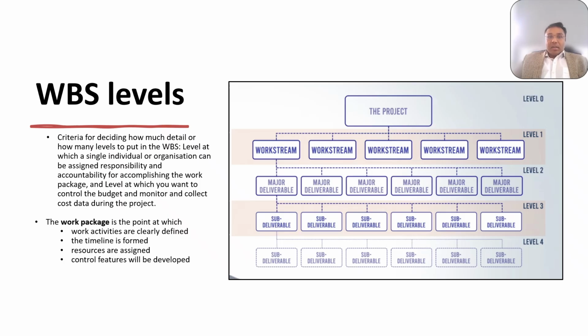The levels represent the project deliverables, phases, and work packages, with each level providing more detail than the one above. The lowest level should be the point at which one individual or team can be held accountable for the deliverable. This level is referred to as the work package or work stream, and it is here that we define activities, assign resources, and control time and cost.